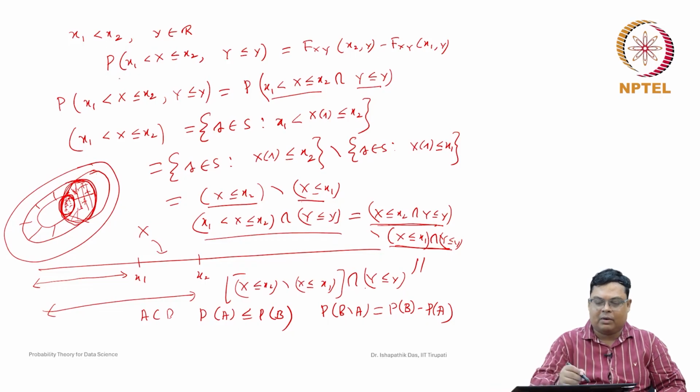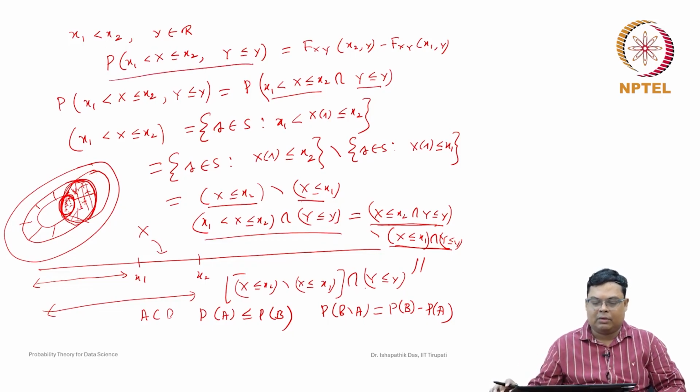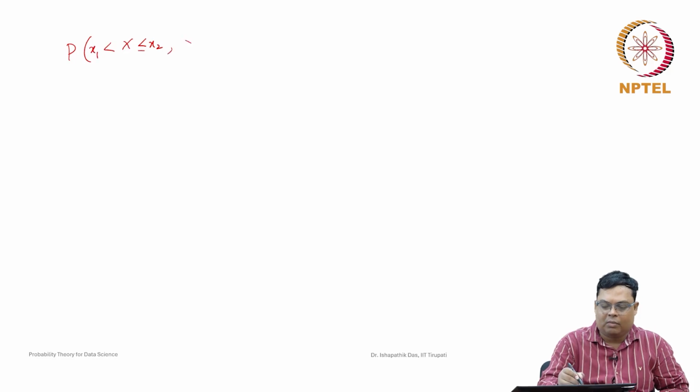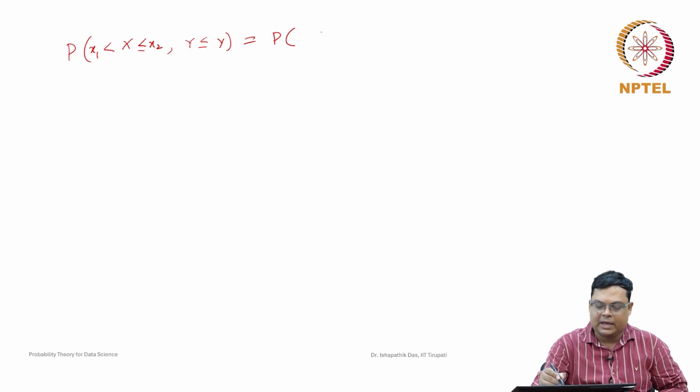So, we started from here. Then what will we get? The probability that x1 < X ≤ x2, Y ≤ y. This is nothing but the probability of the event x2 greater than x1 intersection the event Y ≤ y.